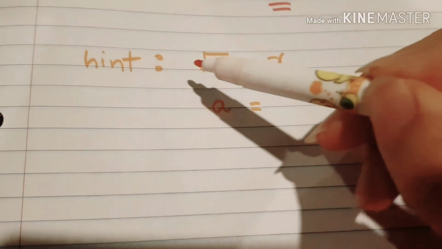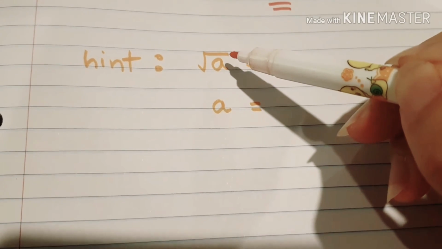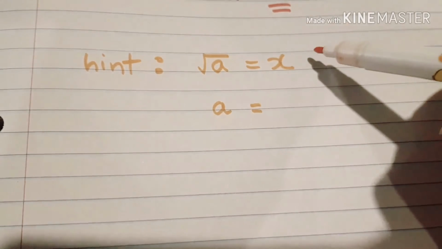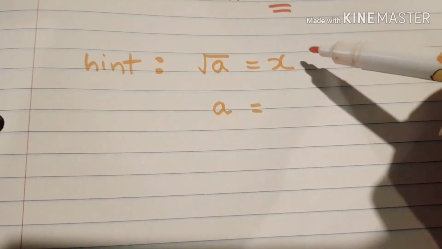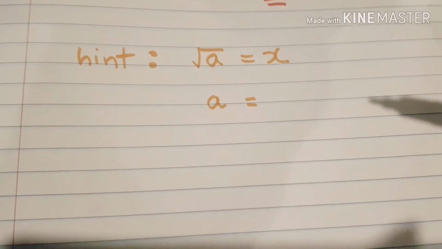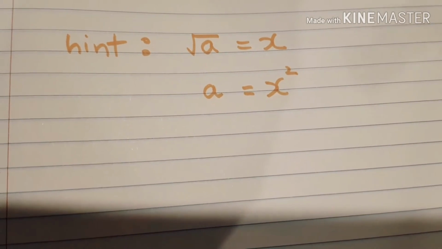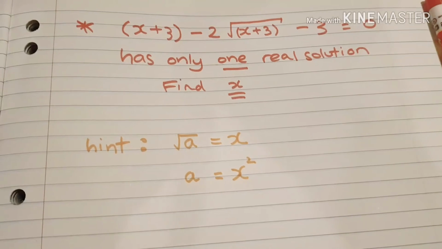Getting rid of that square root, what did I do? I squared each side, so the square root is eliminated, so therefore I can say a is x to the power of 2.